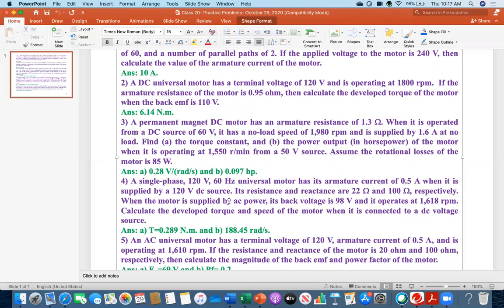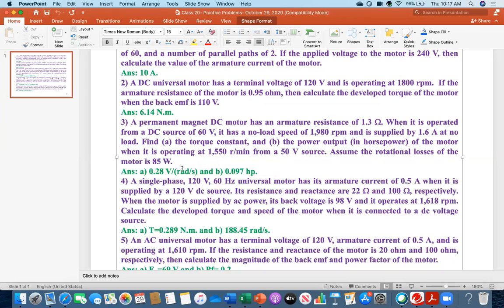So you need the new value of IA and the new value of back voltage. So you know from the first part, did you calculate the torque constant? Yes, sir. And you got 0.28, right?